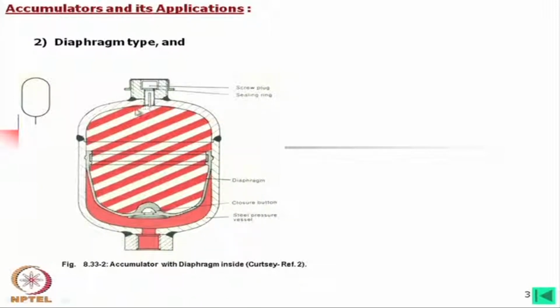In this case, instead of that bladder, we have a diaphragm. This diaphragm is fitted to this body.